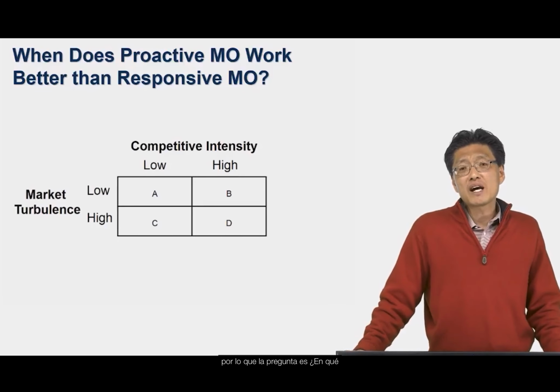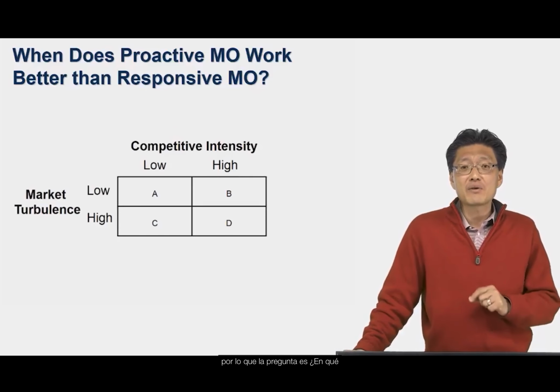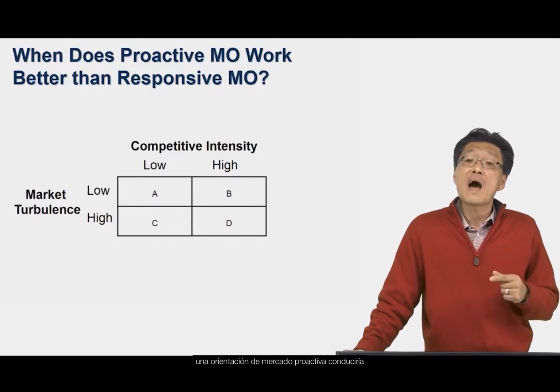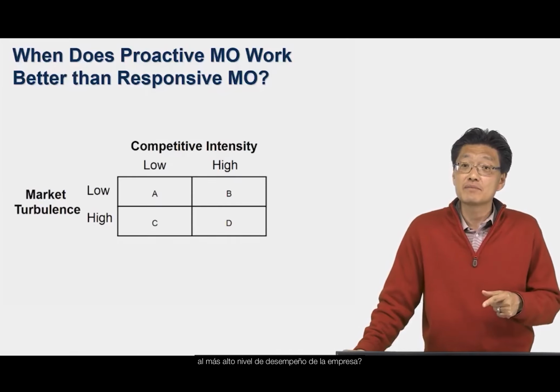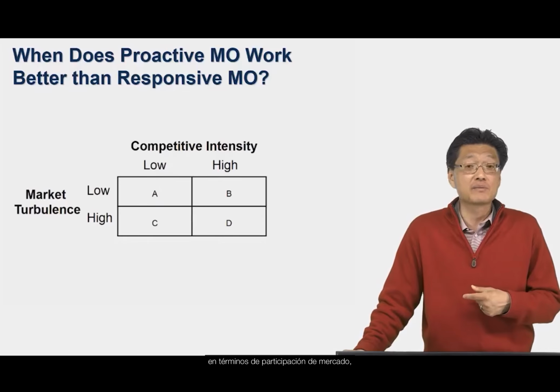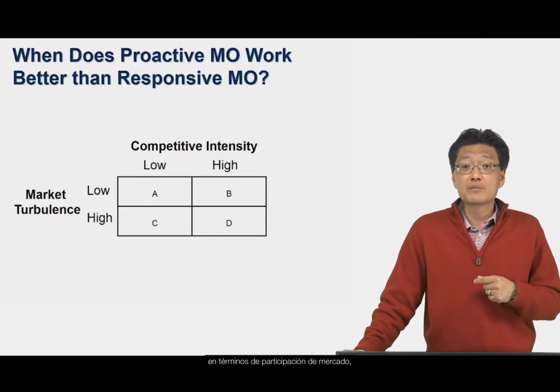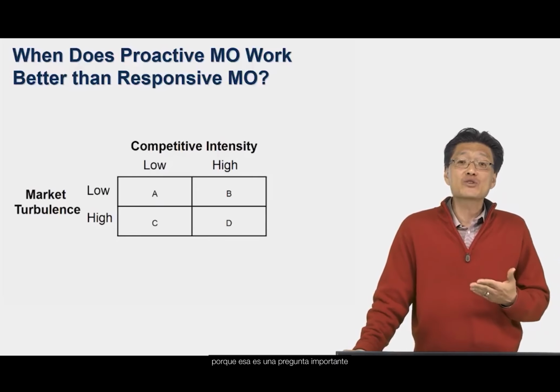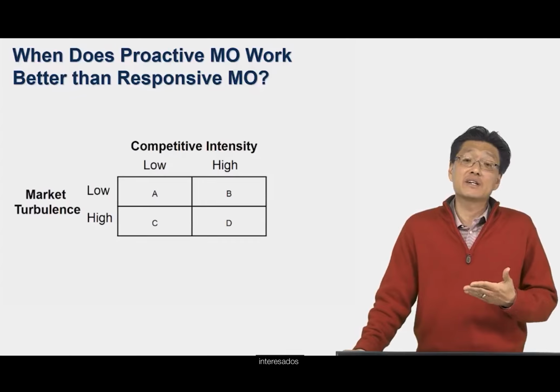So then the question becomes, under what scenario, under what condition would a proactive market orientation lead to the highest level of firm performance, in terms of market share, sales, and profitability? Because that's an important question that managers would be interested in.